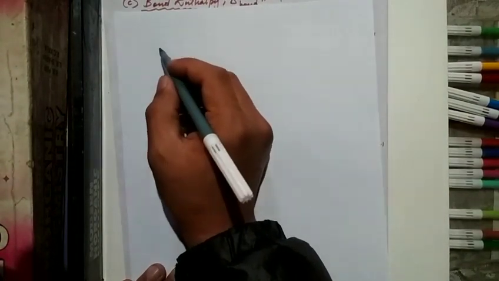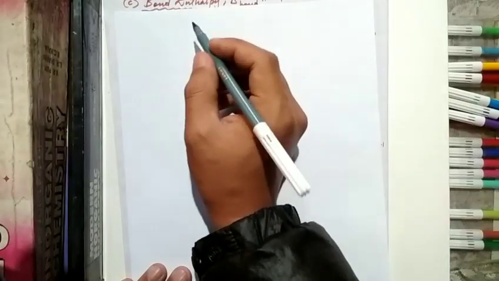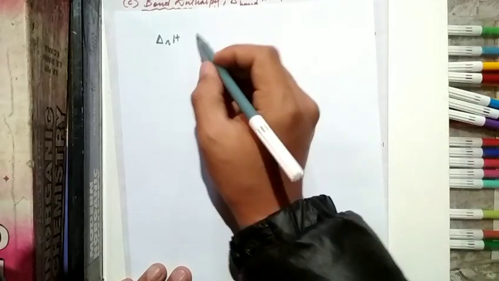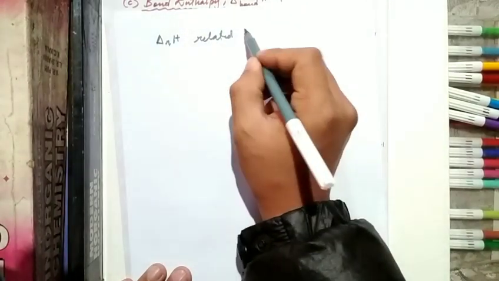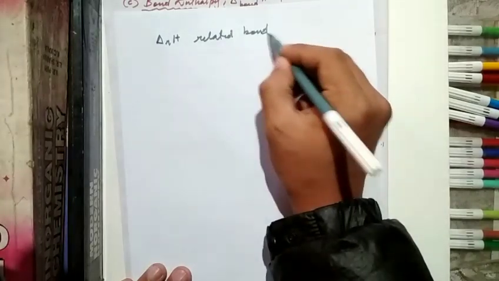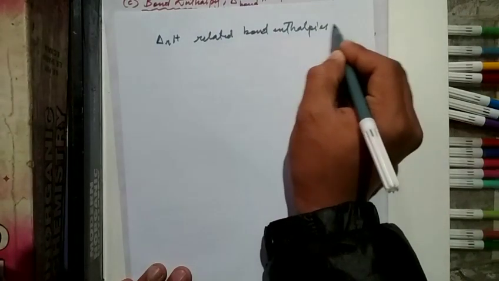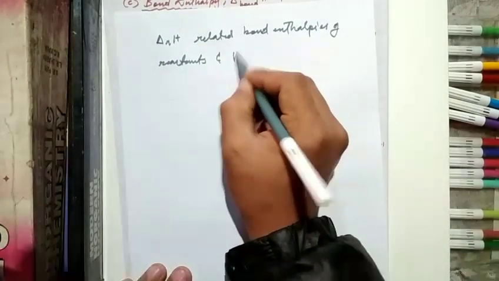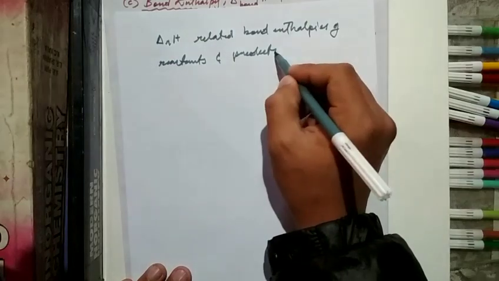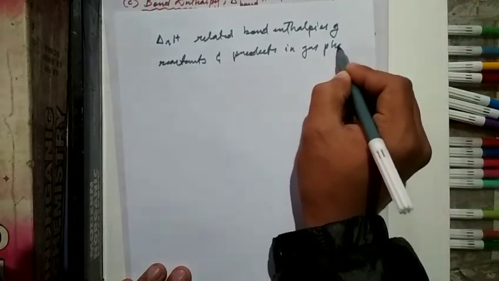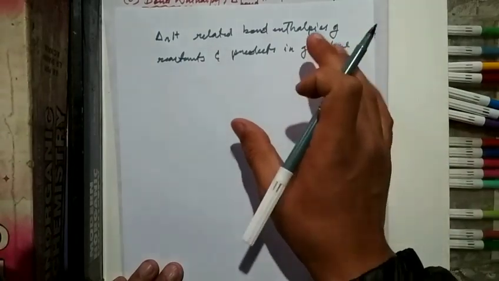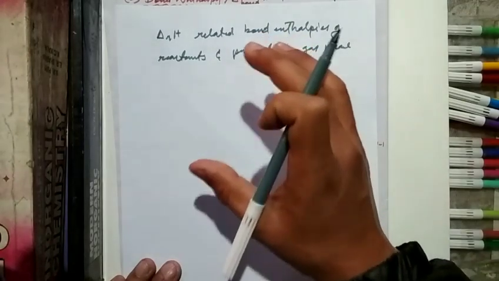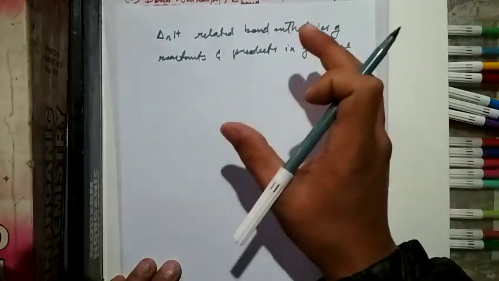Now the standard enthalpy of reaction, this delta rH, is related to bond enthalpies of reactants and products in the gas phase. Please remember this bond dissociation takes place in the gaseous phase, not solid or liquid.